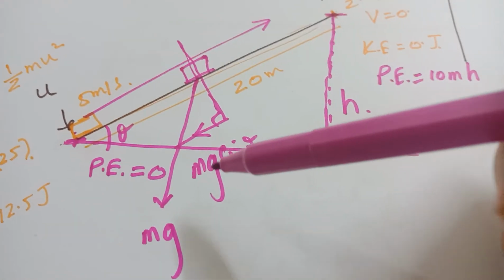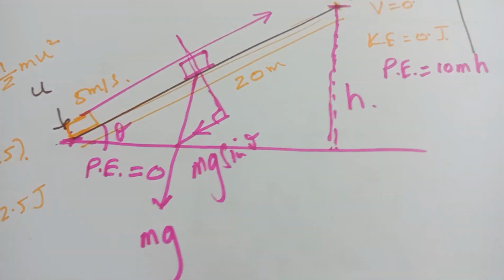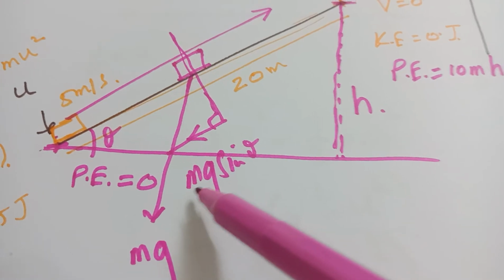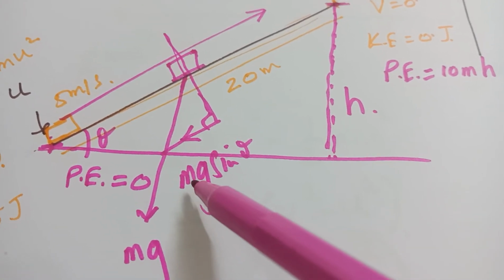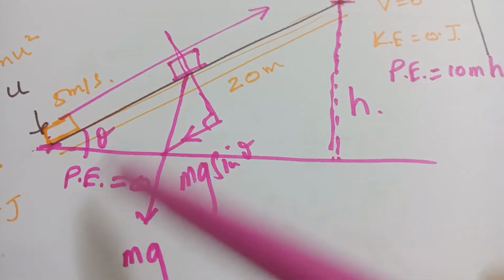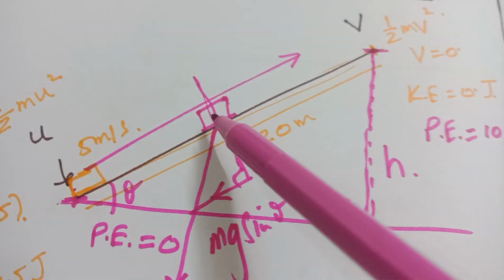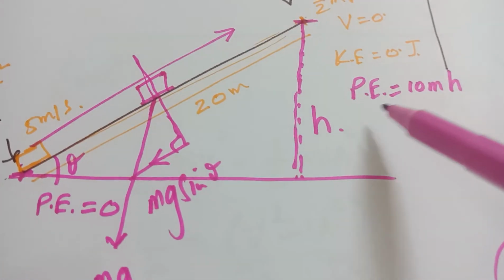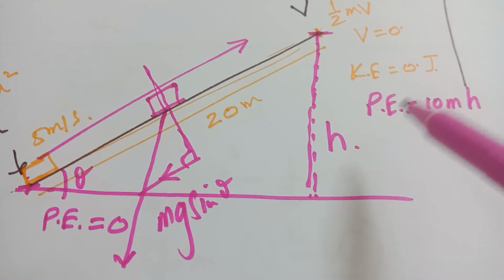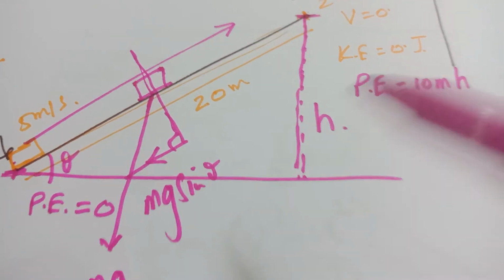Now from this video, please be very clear. Whenever you consider this weight as a part of the forces acting on this block, then you will never ever talk about the potential energy, because potential energy is basically mgh.